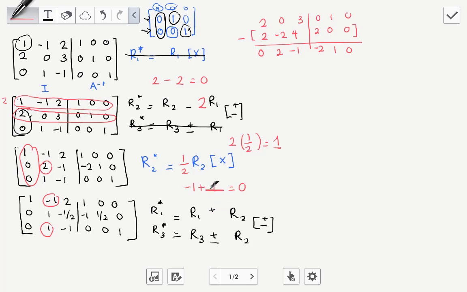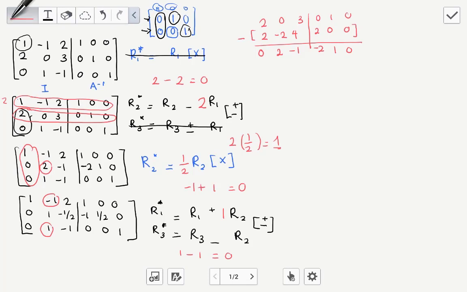So plus 1, that means R1 plus 1 R2. Now we go to row 3. The element on row 3 is 1 and I'm supposed to change this to 0. So what we will do? Minus 1. The operation involved is minus, so it's going to be row 3 minus row 2.